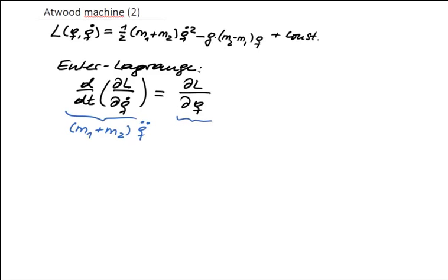On the right-hand side, the partial derivative with respect to q will give us minus g times m2 minus m1. We can take the minus sign inside the bracket and write it instead as m1 minus m2 times g.